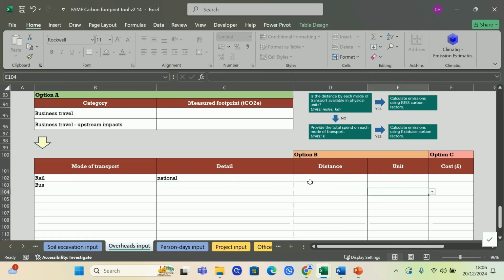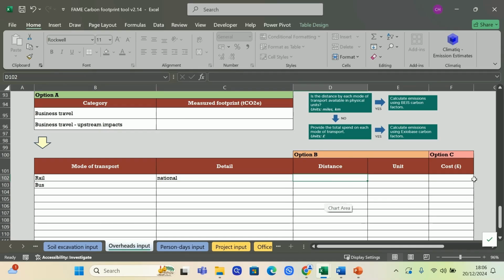And additionally, we've got an option B and an option C here. So if you enter a distance and a cost, it will only use the distance data to evaluate the carbon footprint. It will just remove the cost from the table and completely ignore it.